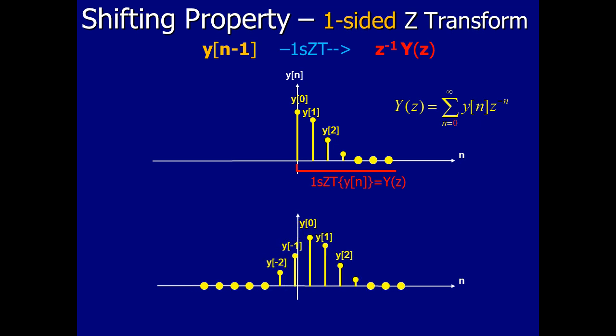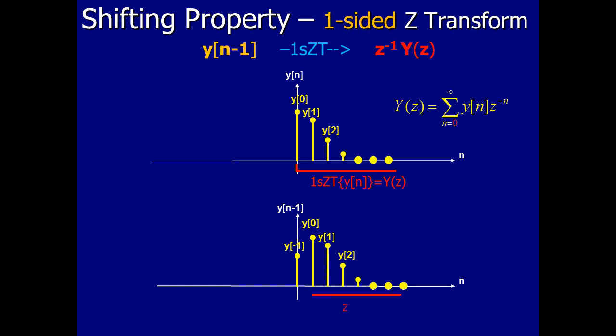Now if I delay y, I can account for these samples with the z to the minus 1 times the one-sided z transform that I came up with up there. But I'm missing this. This suddenly got shifted in. And so the new thing for the one-sided z transform shift property is that if I shift by 1, I need to add a y of minus 1 term. I need to know what that previous piece of information was for the shift.